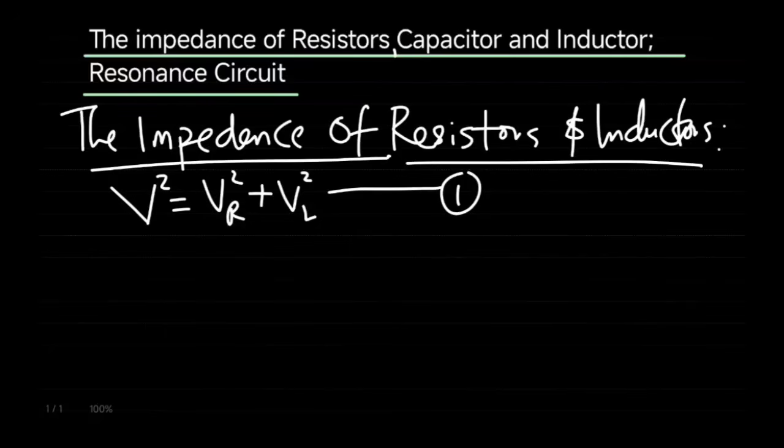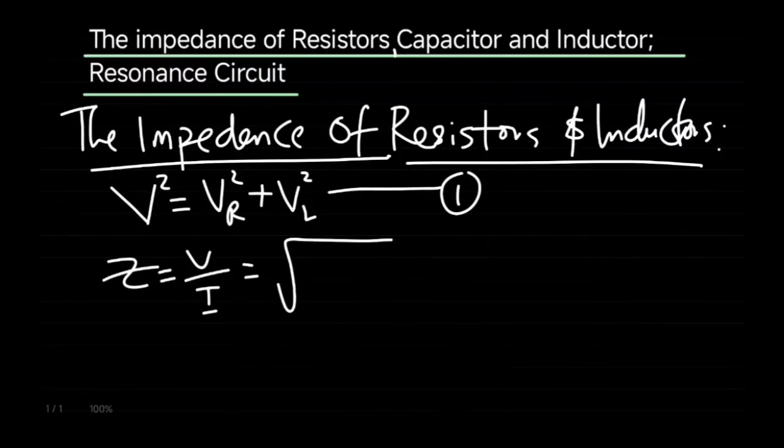Very similar. So therefore, you use the same way to derive it and get the impedance of resistor and inductor in series, which our final equation will be given as Z is equal to V all over I, which is equal to square root of R square plus bracket open 2 pi FL all square.